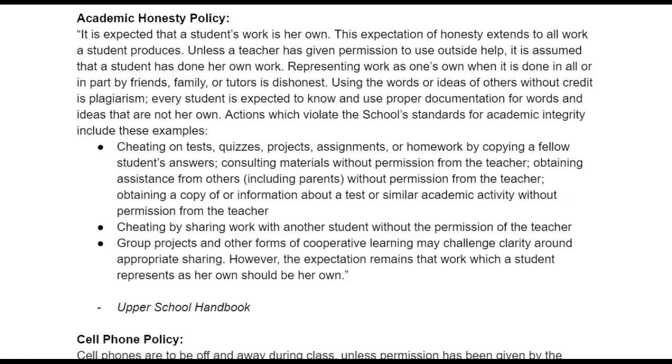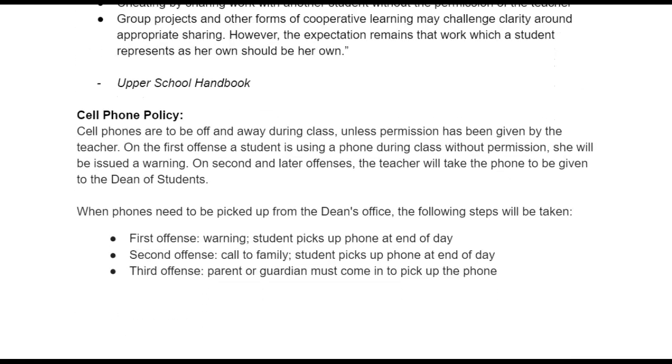When they're done with that, they'll throw it away, and each will produce their own individual work. That is collaboration. Cheating is when one student is looking at another student's sheet of paper and directly copying that material and claiming it as their own. One of these is a violation of academic honesty. The other is not. So please be aware of that.